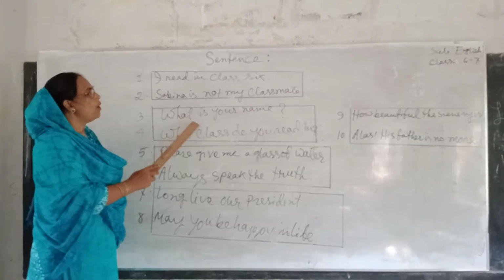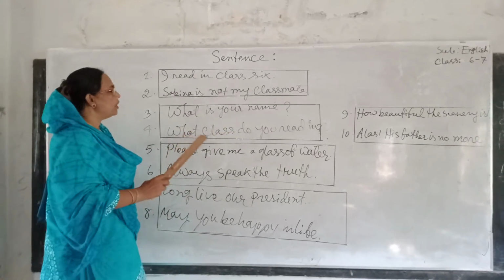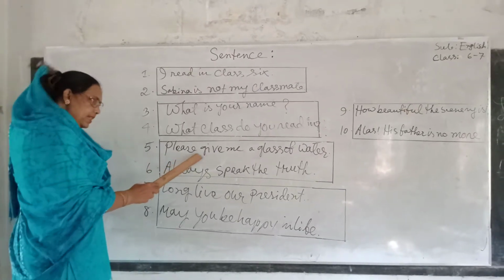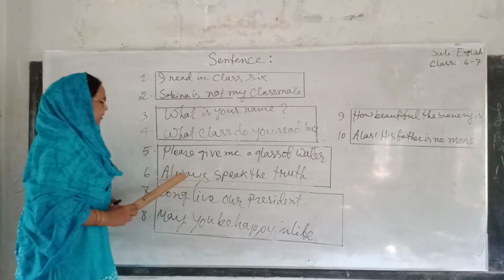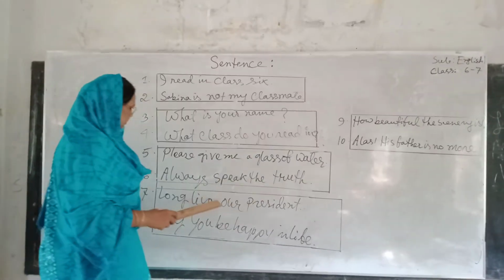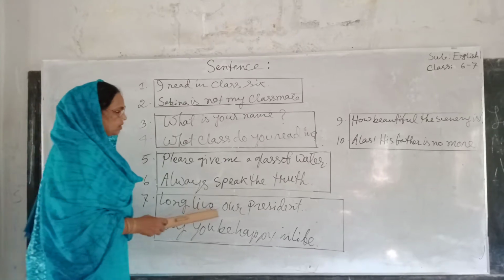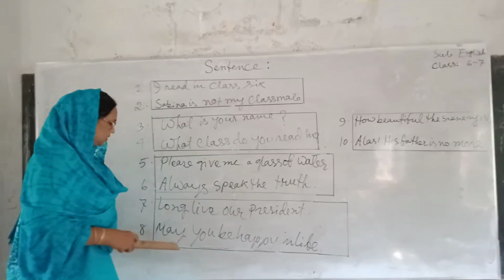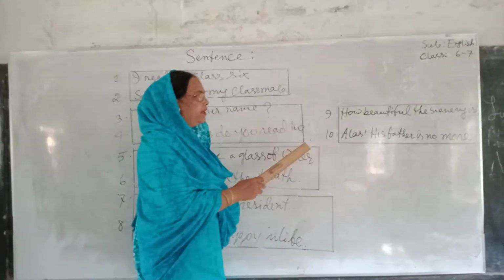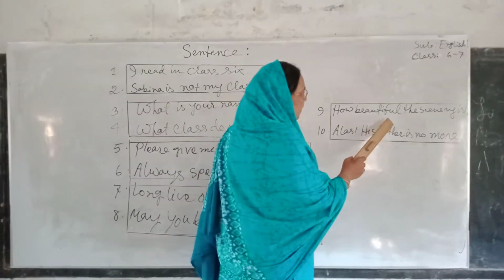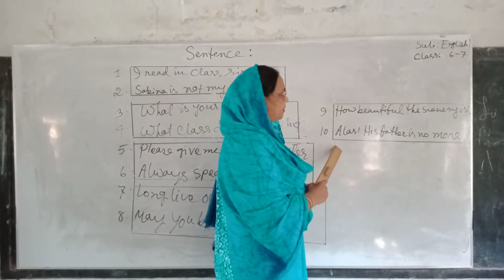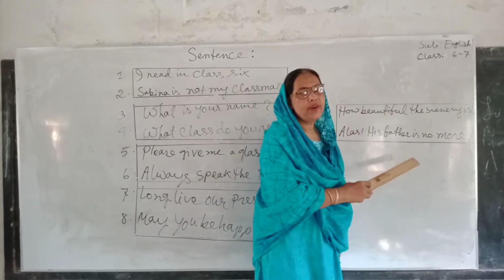Number 3, what is your name? Number 4, what class do you read in? Number 5, please give me a glass of water. Number 6, always speak the truth. Number 7, long live our president. Number 8, may you be happy in life. Number 9, how beautiful the scenery is. Number 10, alas, his father is no more.